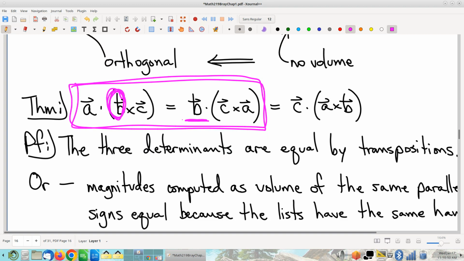Wait a second. This isn't some simple thing like commutativity or associativity. This isn't a yawn, of course, kind of situation. This is a wait, what? How could that be? But it's true.